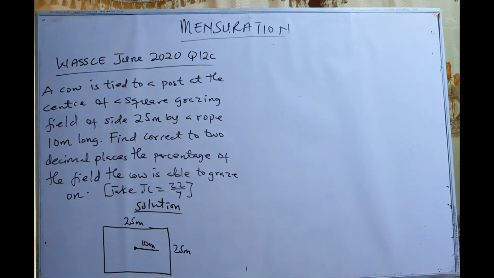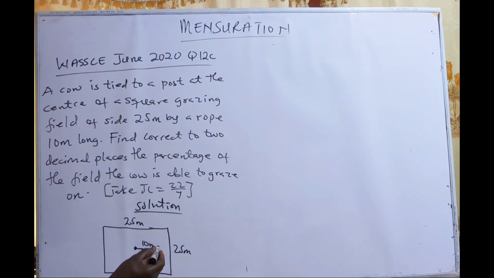So that will give us a circle. If the distance from the center to any of the points is equal, then that gives us a circle. So we will have a circle.